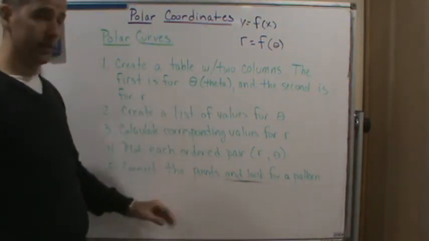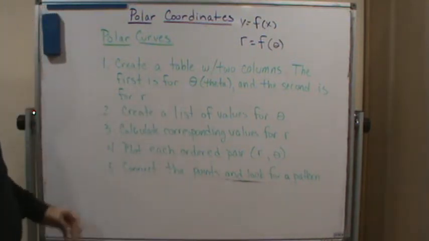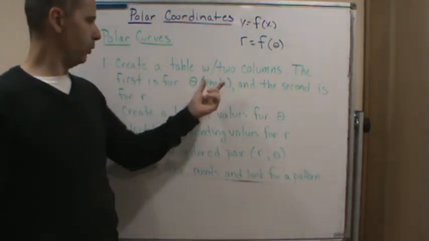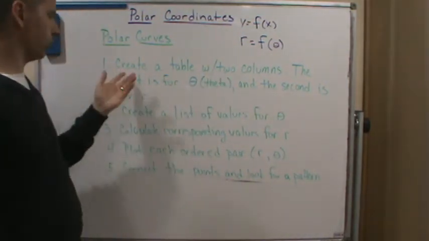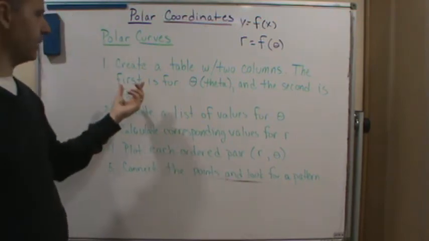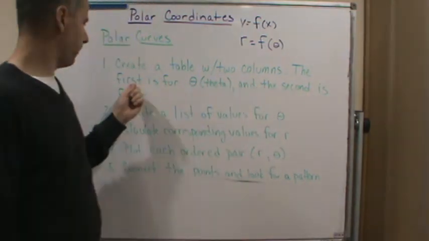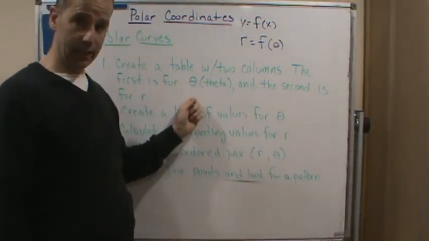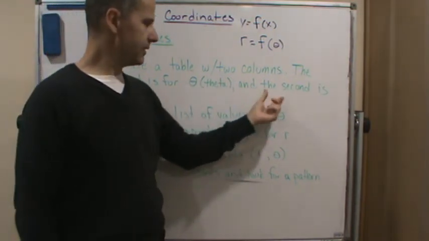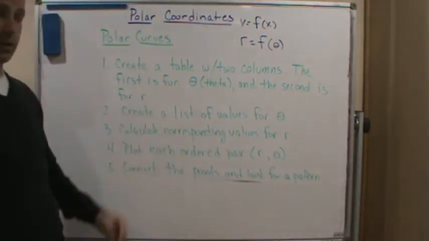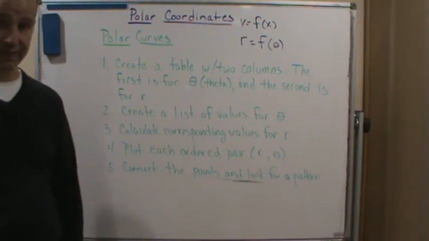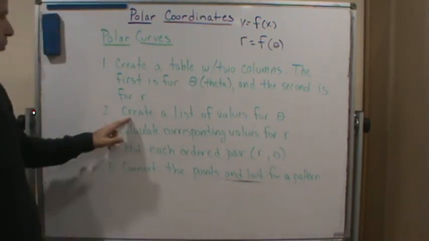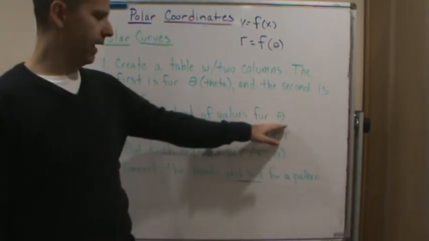So this is where the steps come from. What we're going to do is create a table with two columns. The first column is going to be for theta, the independent variable, and the second one is going to be for corresponding values of the radius. Then we create a list of the values of theta.